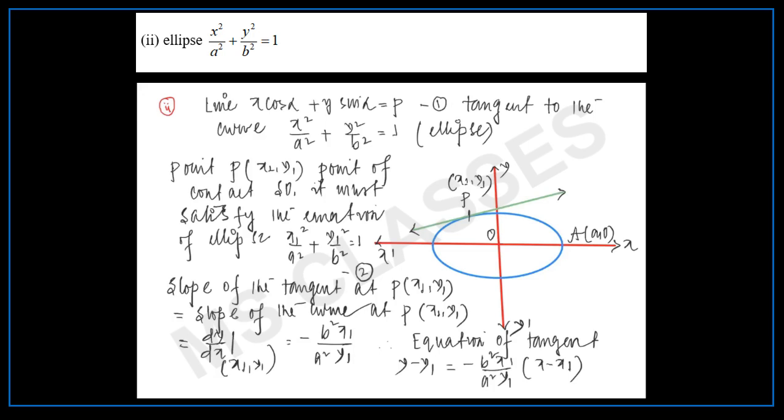Now, if we simplify it, that is, we take y on the left hand side, y1 on the left hand side, equal to minus x1 by a square.